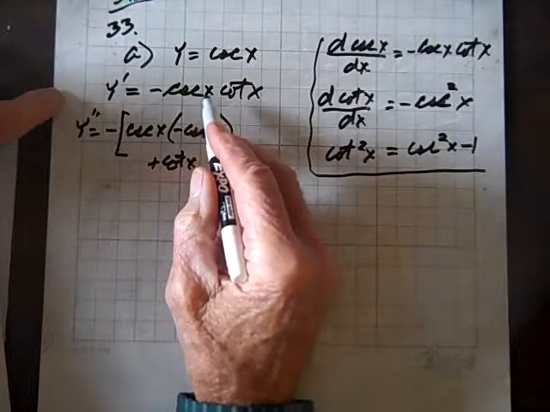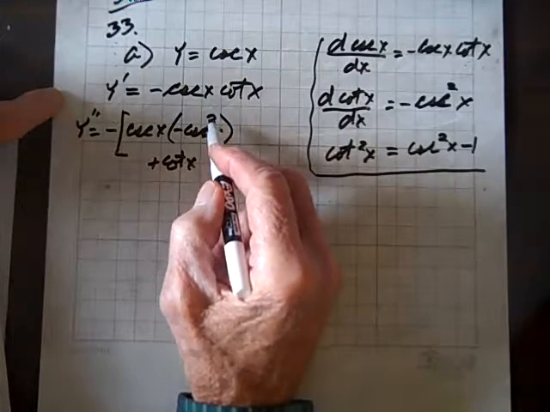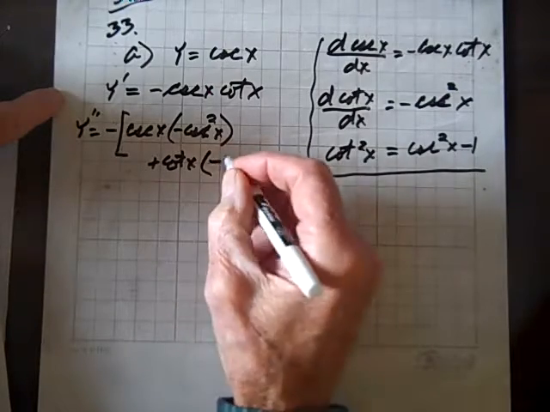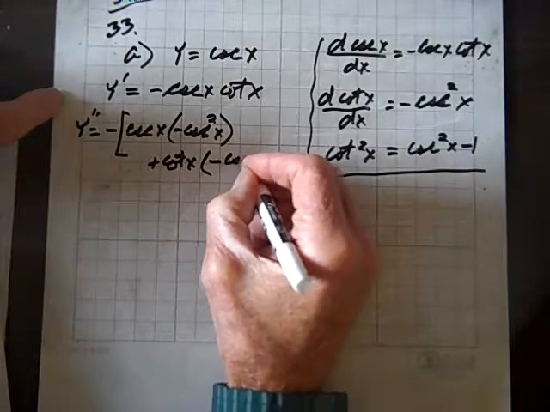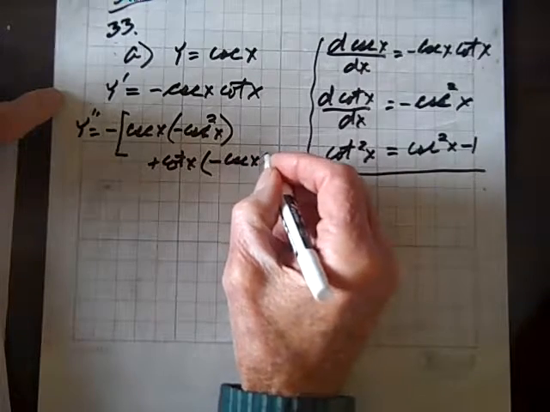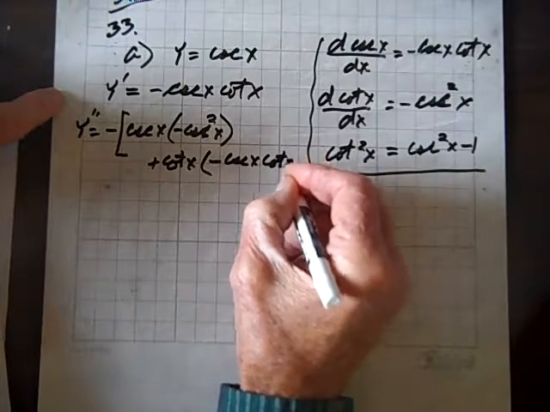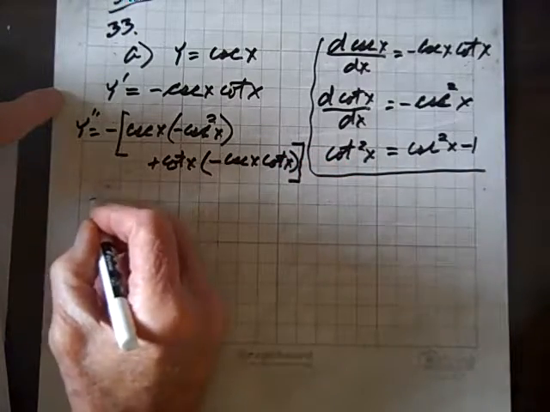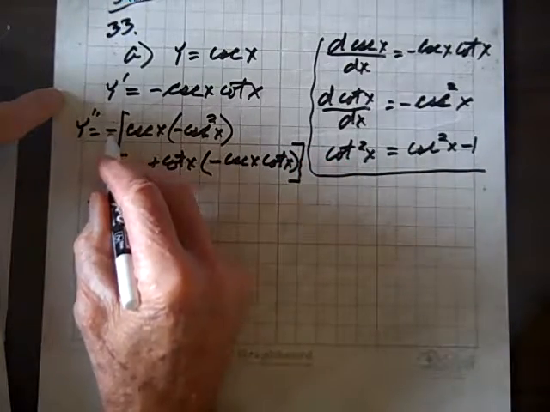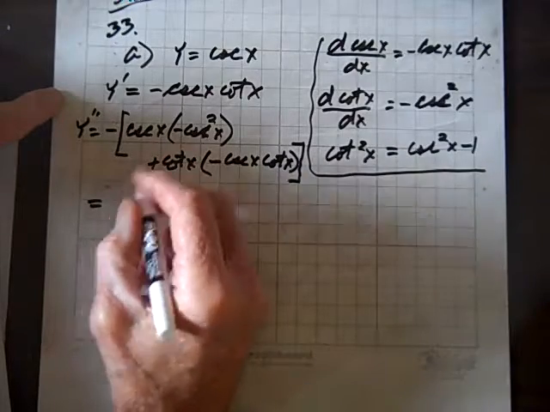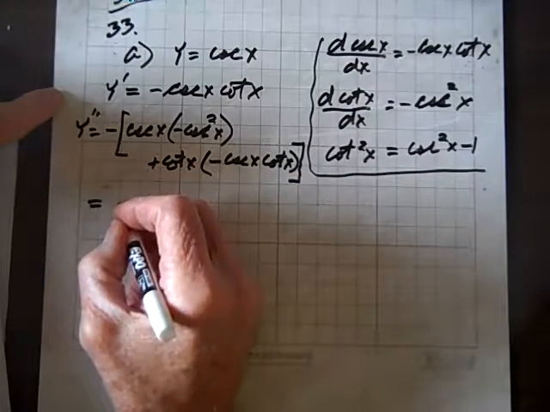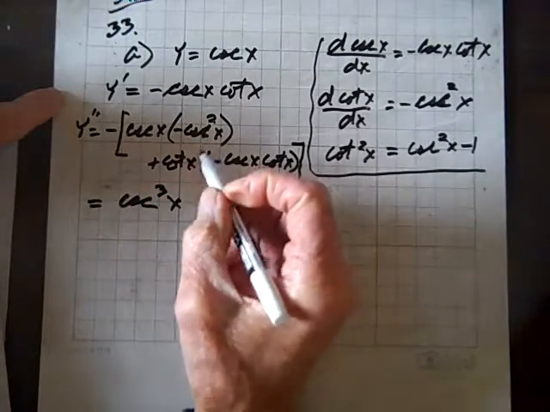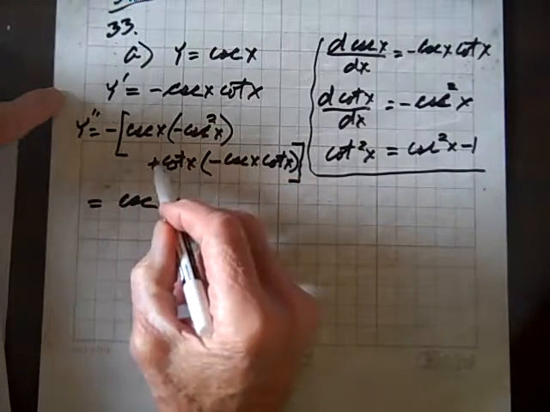And now we'll take the derivative of cosecant of x, which is minus cosecant of x cotan of x. Now let's close this. So this equals, and now a minus times a minus is going to be a plus, and so we get a plus cosecant cubed of x. Now here, we've got a minus times a plus.